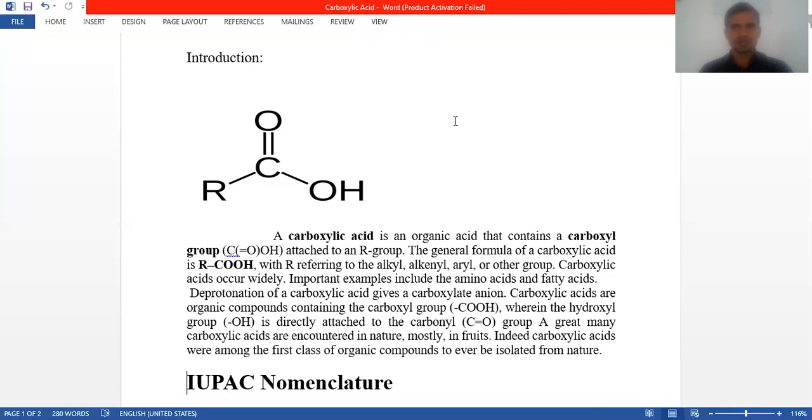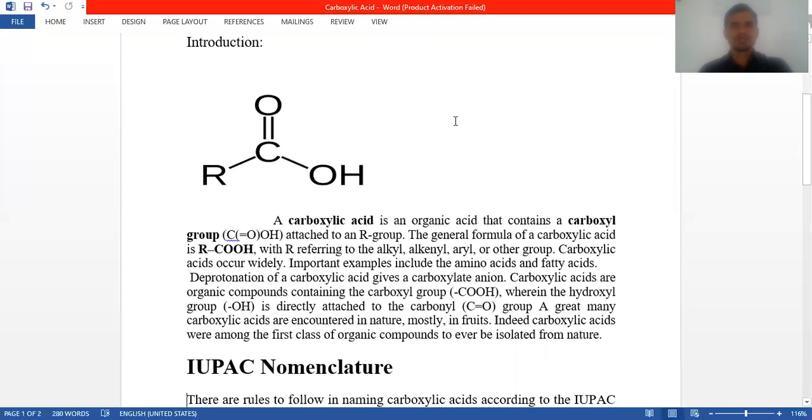So many groups can be attached with the carboxyl group also. Simply, the general formula of this carboxylic acid is RCOOH. There is the presence of 2 oxygen atoms, 1 carbon and 1 hydrogen atom in the carboxyl group, and this functional group is attached with the alkyl group. So it is a general formula.